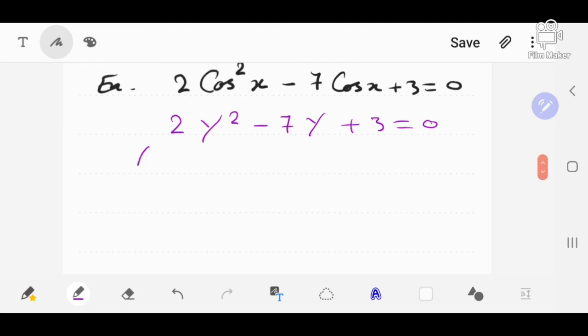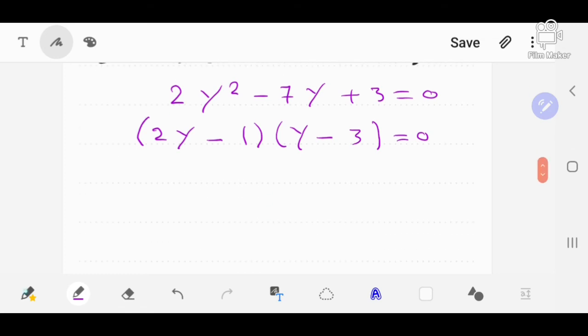How do you factorize it? This is 2y and y. Positive means same signs like the middle term, so minus minus. 3 and 1. 3 is here and 1 is here. This will work. So negative 1y, negative 6y, that's negative 7y. But actually, I'm not talking about y. We need it to be cosine. So I'm just trying to help you.